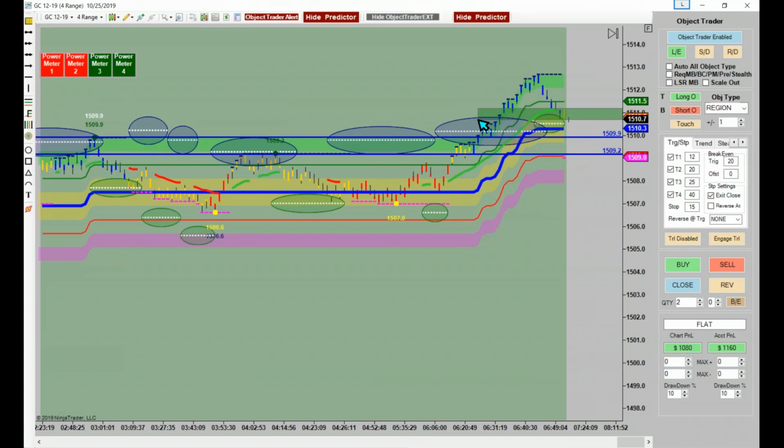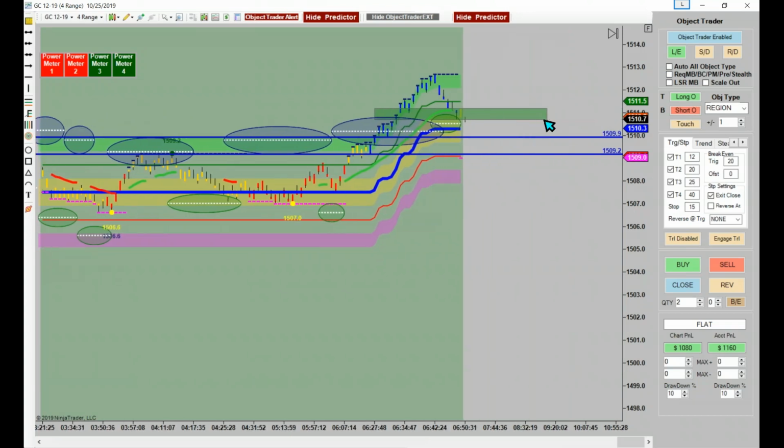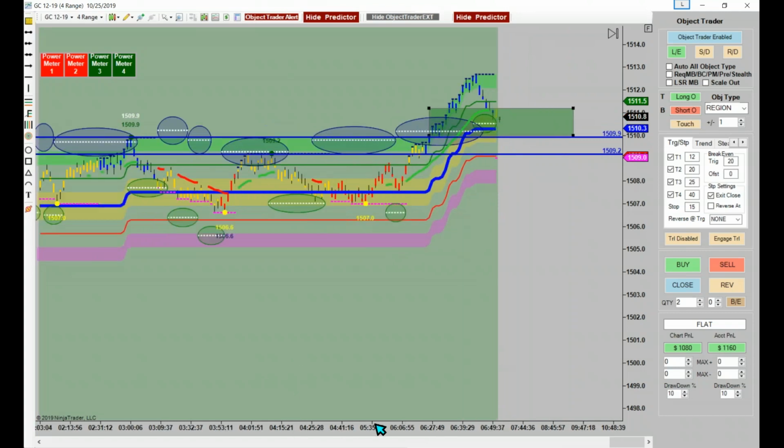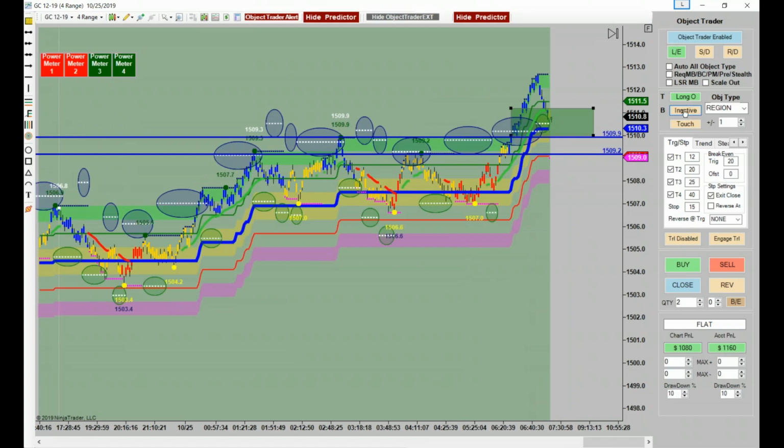And I would probably put it more likely, if it would come down here, like so, you could even turn this on. Just in case one of these, actually, this is what we're looking for, but predictor's actually saying it should bounce here. So let's see which way it does, and we'll take it either way.